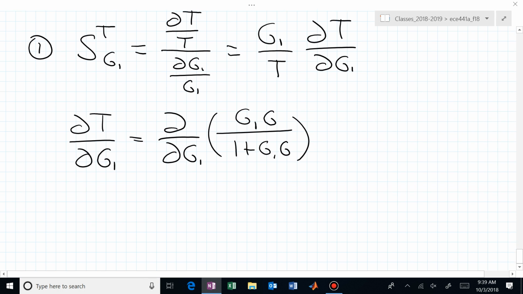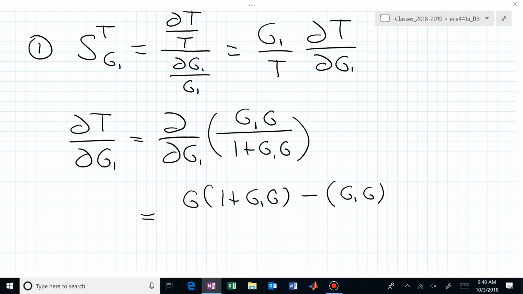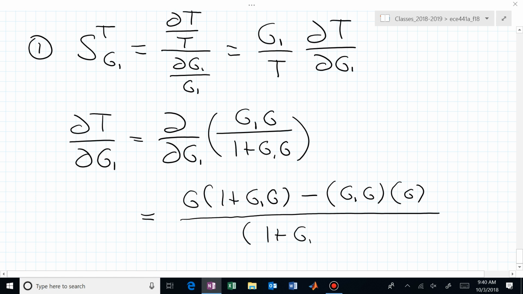So now we just differentiate that with respect to G1. And we can use the quotient rule or whatever, however you want to do it, to find the partial of that ratio with respect to G1. Here we can say, well, it's going to be the partial of the numerator with respect to G1, which is G, times the denominator, minus the numerator times the partial of the denominator with respect to G1, which is G, all over the denominator squared.